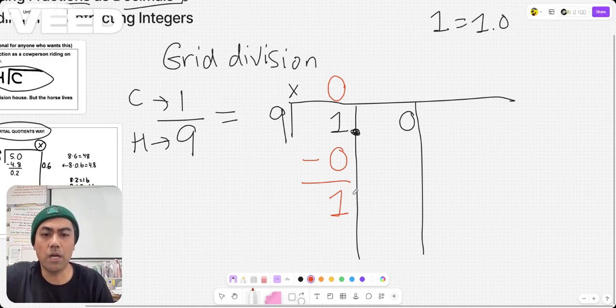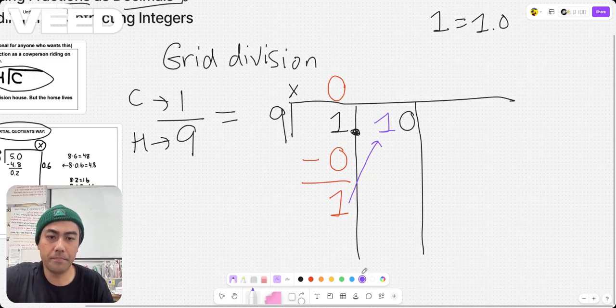How many? Oh, sorry, forgot one thing. Our remainder, what we always do with our remainder is we move it to the next column. And then we keep on going. How many 9s go into 10? 1. All right.